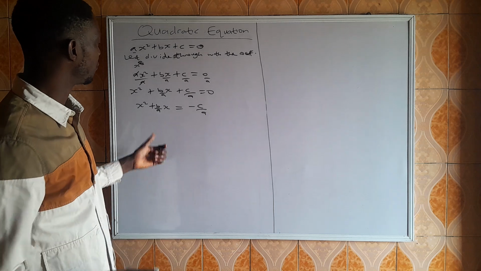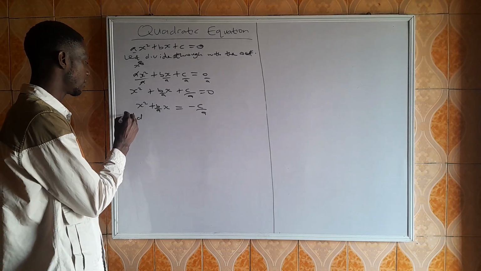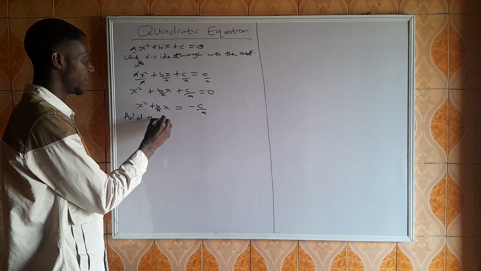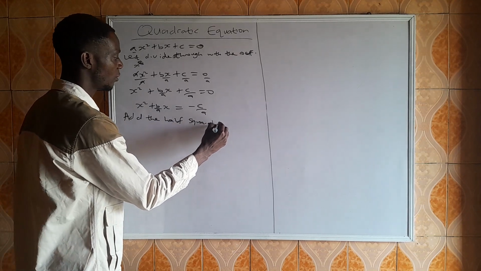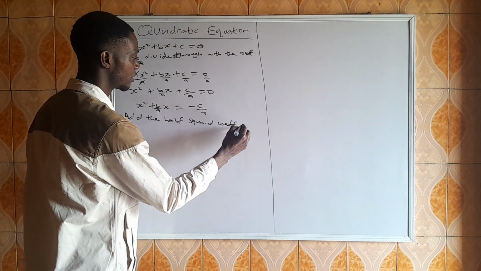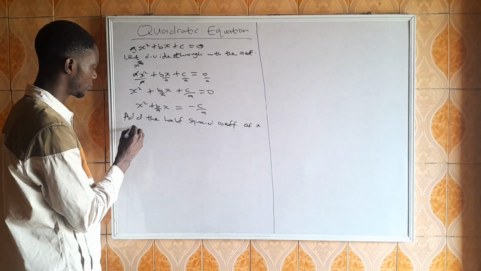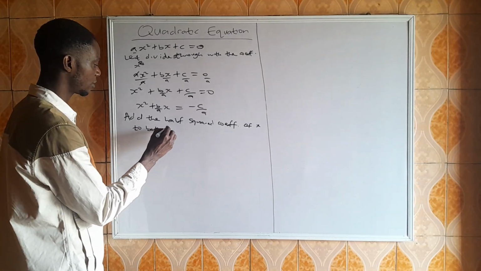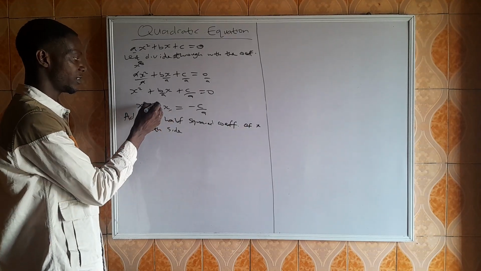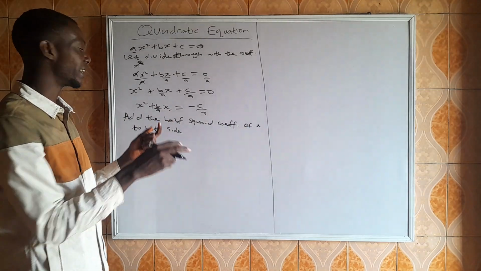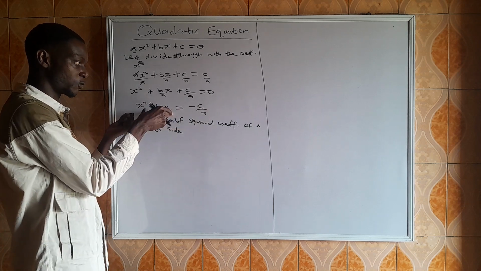Now, the next thing to do is to add the half squared of the coefficient of x to both sides. The coefficient of x is b over a. So we want to add the half of this to this side and also to this side.